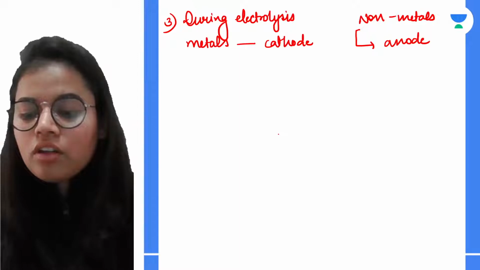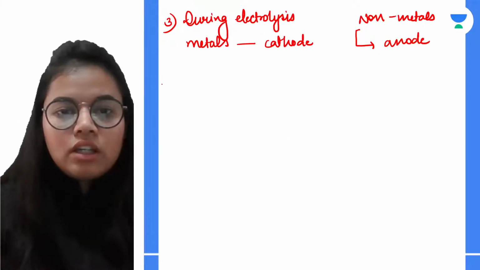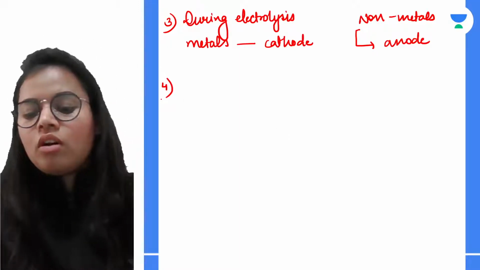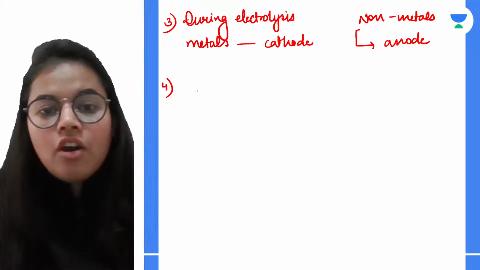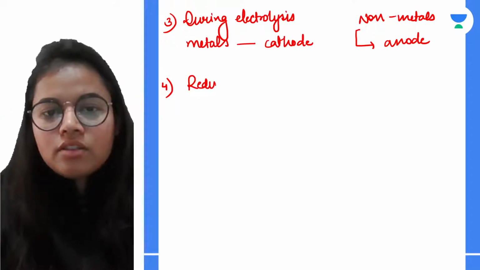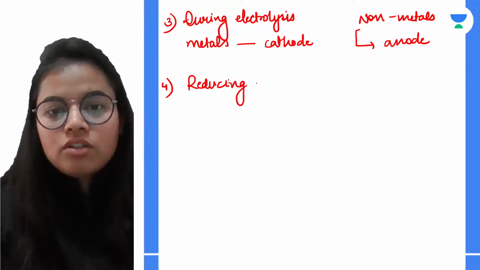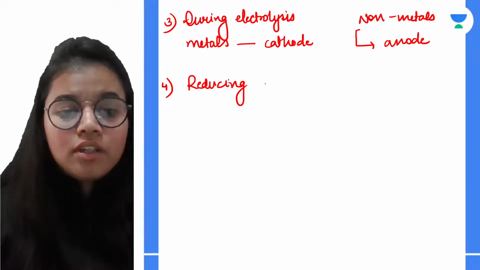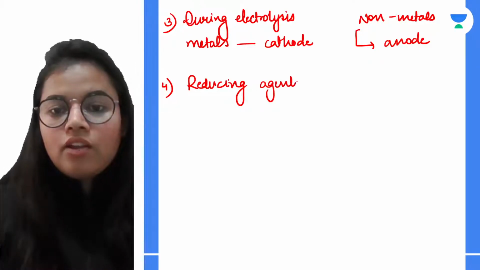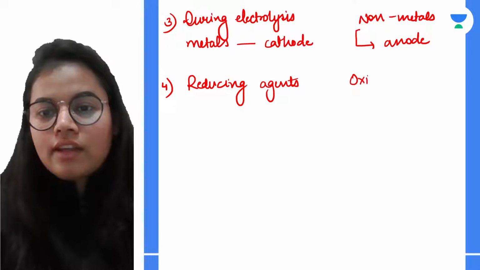Next, metals are generally reducing agents. They are electron donors, so they act as reducing agents, and non-metals are oxidizing agents.